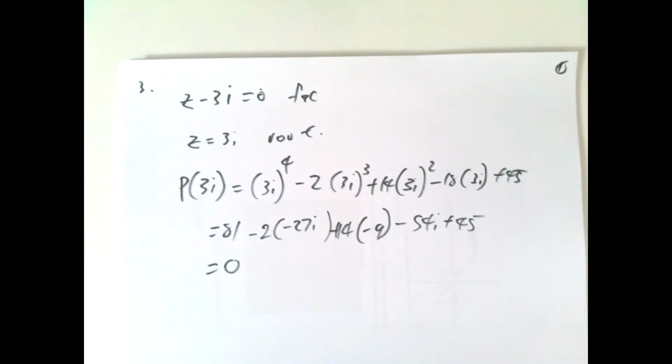And there we go. We've shown that z minus 3i is indeed a factor of this polynomial.